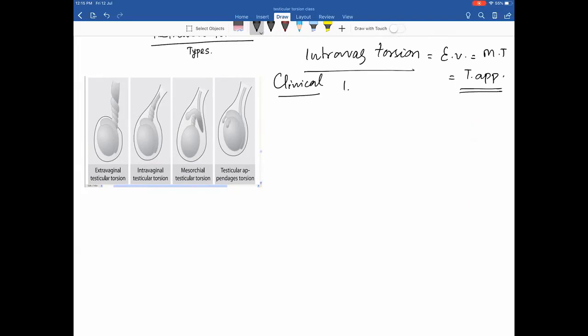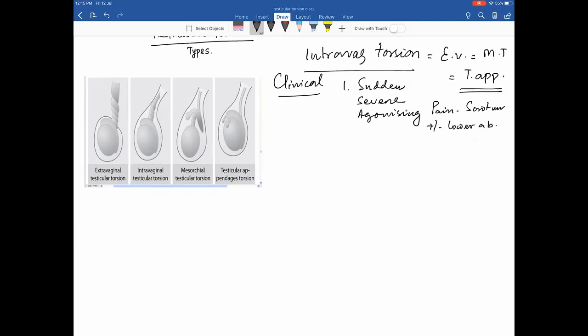Now, the first problem, which starts a viva question, is a sudden, severe, agonizing pain in the scrotum that may radiate to the lower abdomen.